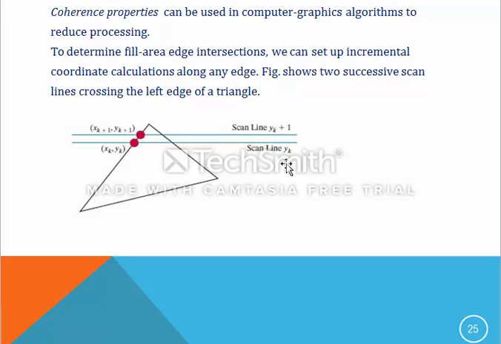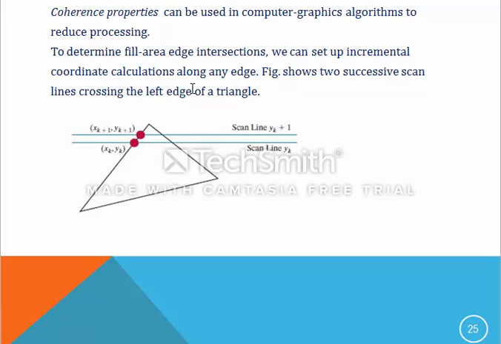the x intersection value on the upper scanline can be determined from the x intersection value on the preceding scanline as xk+1 = xk + 1/m, where m is the slope.